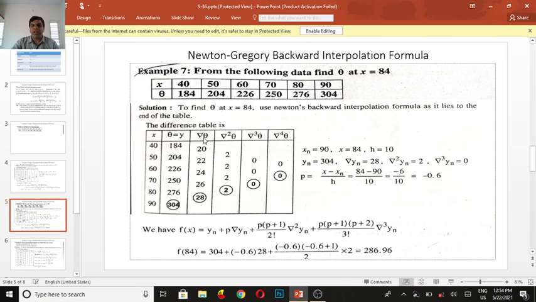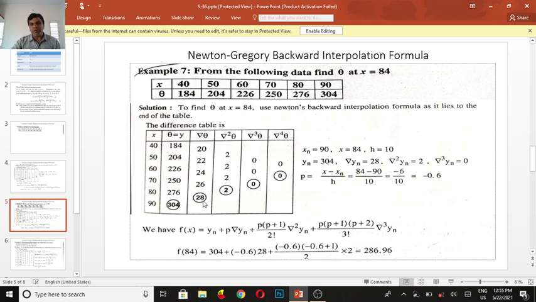The first differences, delta theta naught: 204 minus 184 is 20, 226 minus 204 is 22, 250 minus 226 is 24, 276 minus 250 is 26, 304 minus 276 is 28. Del square theta: 22 minus 20 is 2, 24 minus 22 is 2, 26 minus 24 is 2, and 28 minus 26 is 2.